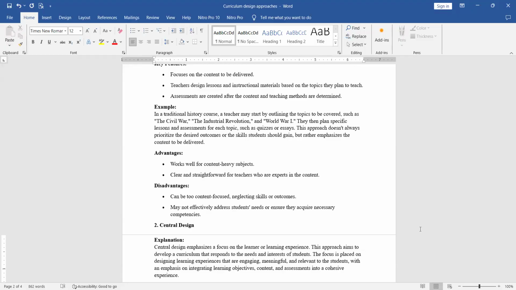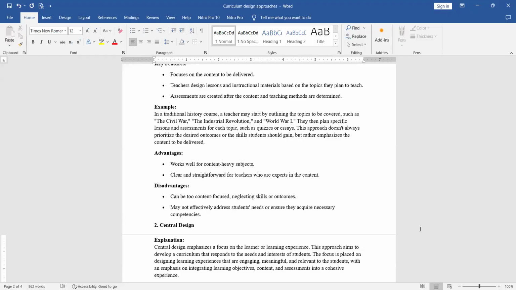It works well for content heavy subjects. It is clear and straightforward for teachers who are experts in the content.